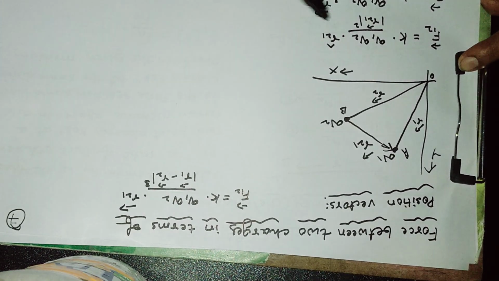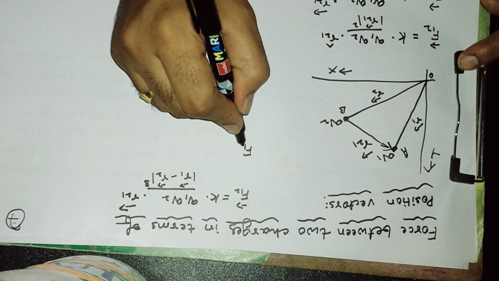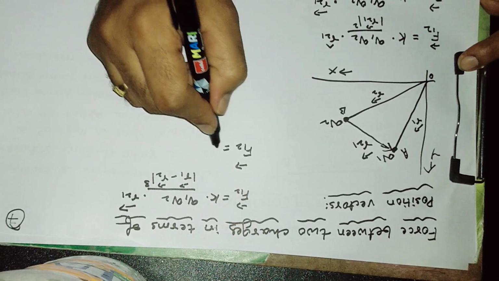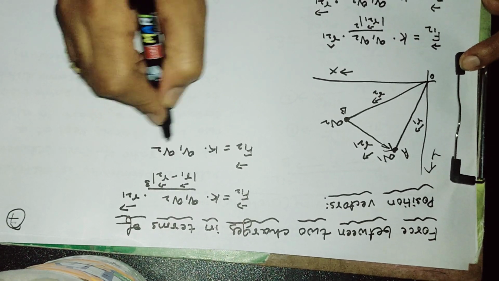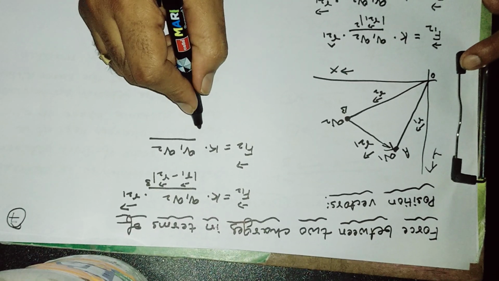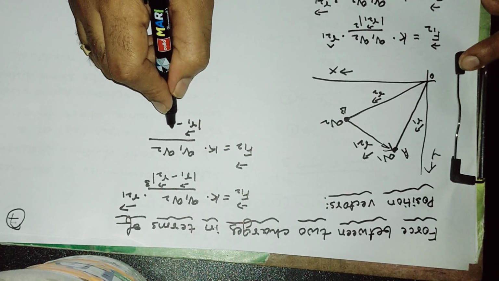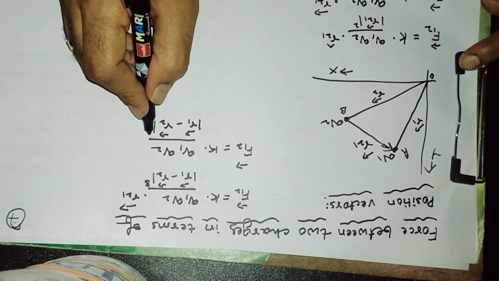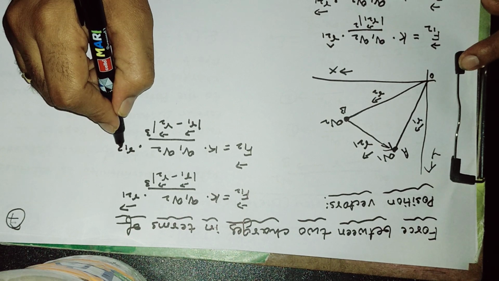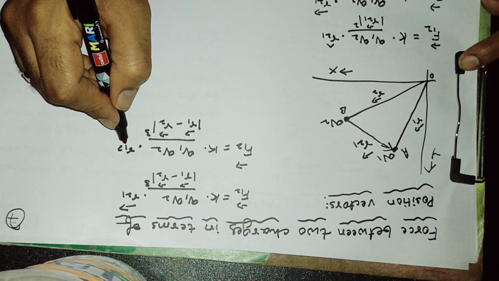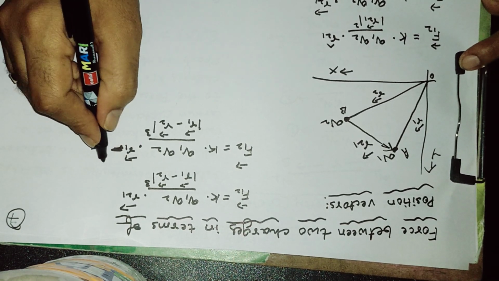You know that vector R21 is nothing but vector R1 minus vector R2. So F12 is K into Q1 Q2 divided by magnitude of vector R1 minus vector R2 whole cube, into vector R21, which may be written as vector R1 minus vector R2.